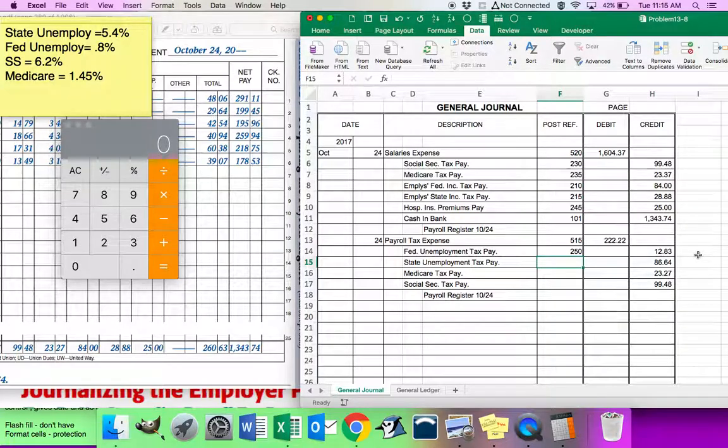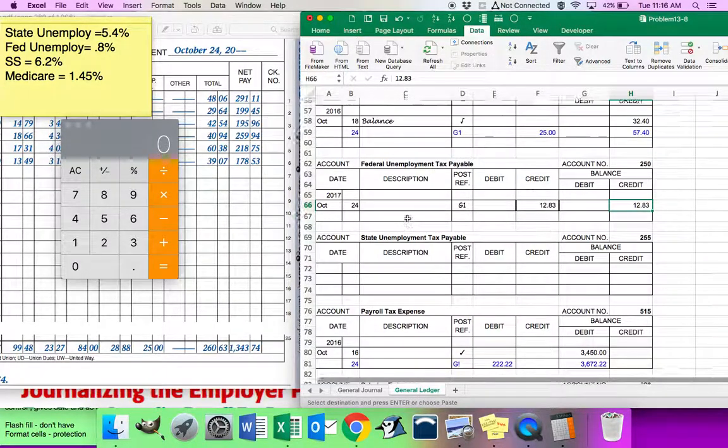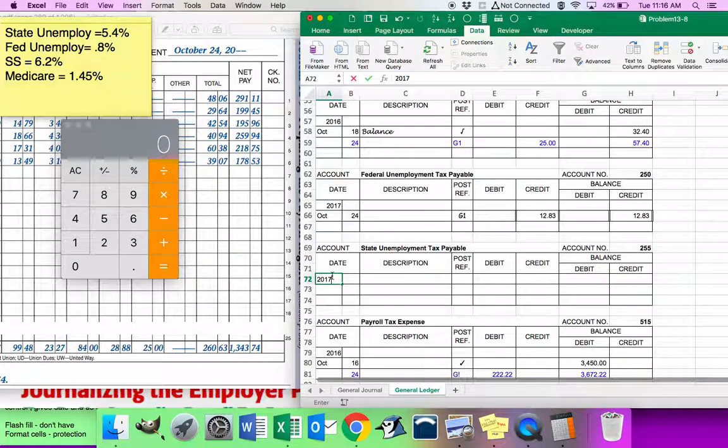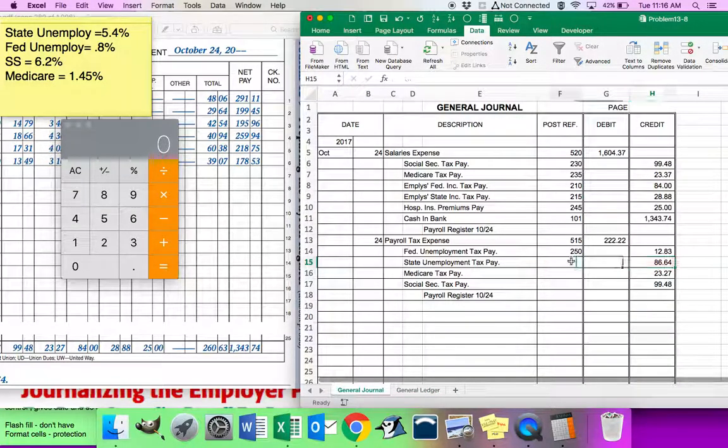All right, the next we have our state unemployment. Credit for that amount, no previous balance, we'll just copy it over. Account 255.